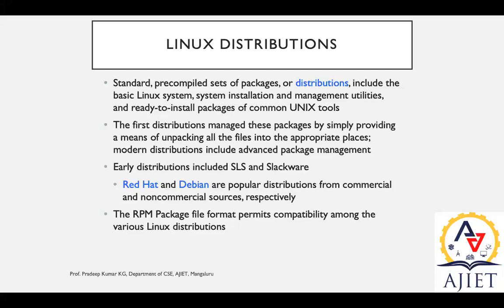This particular RPM package file format permits compatibility among the various Linux distributions. On the other hand, we can say the RPM package file format permits adding a few more performance-related or component-related add-ons, and it may provide a path to the Linux distributions.